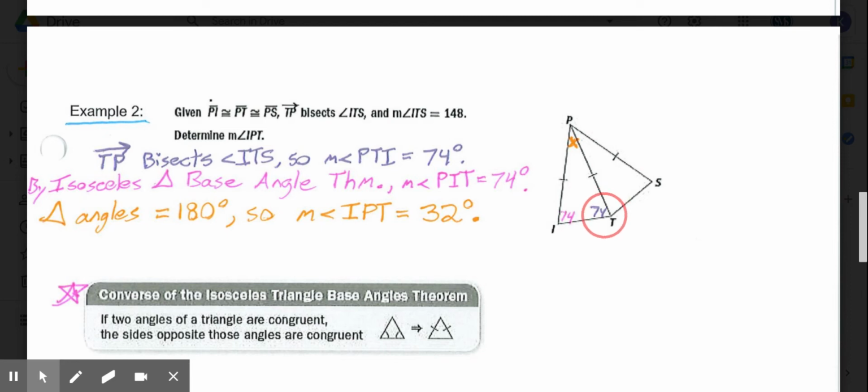If angle T down here was 74, I is also 74 because they're in an isosceles triangle. So if we know the two base angles are both 74, a whole triangle, PTI here, is 180 minus 74 and 74, giving us the measure of angle IPT being 32 degrees.